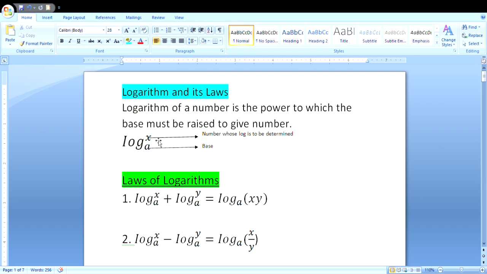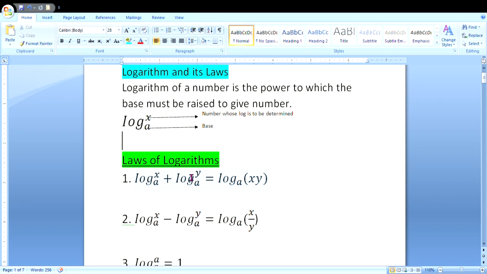The x is the number whose logarithm is to be determined, while a here is referred to as the base. From the simple explanation, the logarithm of any number is the power to which the base must be raised to give that number.